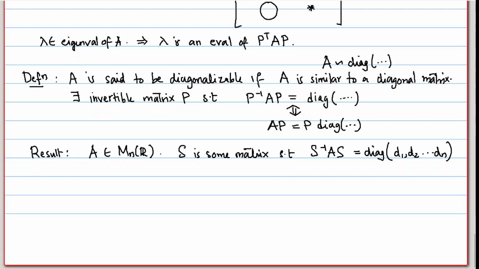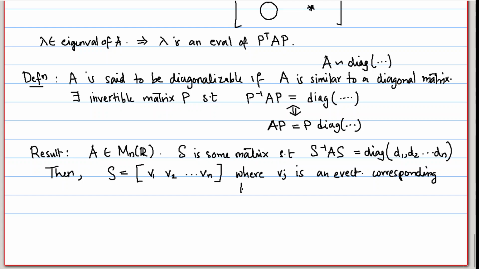Then S has to be equal to V1, V2, up to Vn, where Vj is an eigenvector corresponding to the eigenvalue Dj of the matrix A. This is the result.